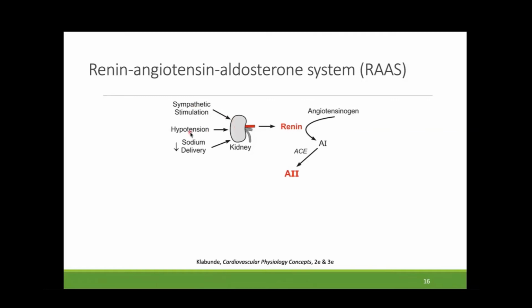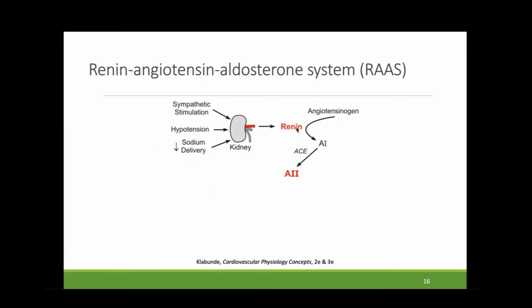Or hypotension, systemic arterial hypotension, or a reduced blood pressure in the afferent arteriole of the kidney, which can be caused by renal artery stenosis. That will lead to a production of renin and release, or decreased sodium delivery to the distal tubule. But these are the primary mechanisms that cause release of renin by the kidneys.